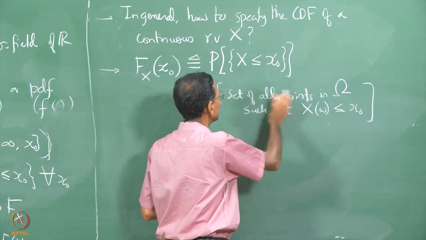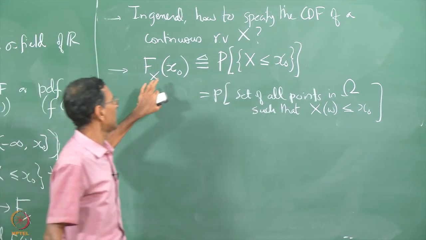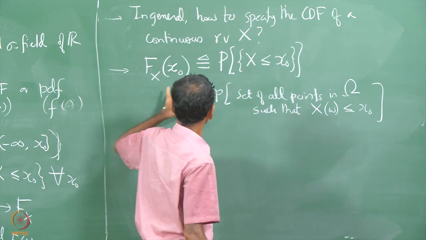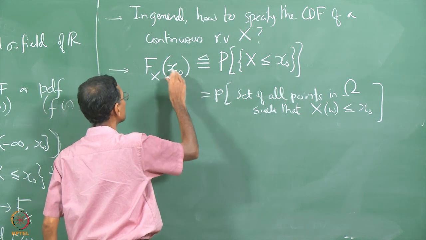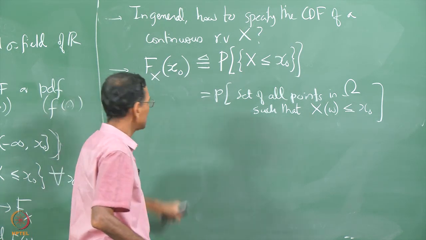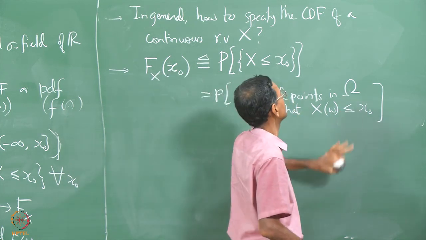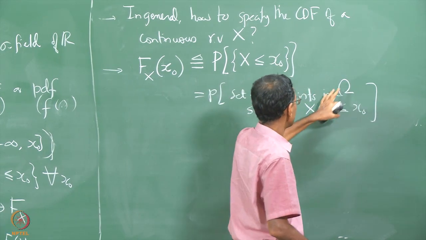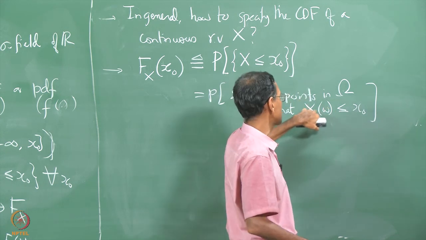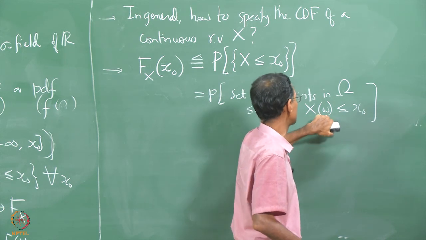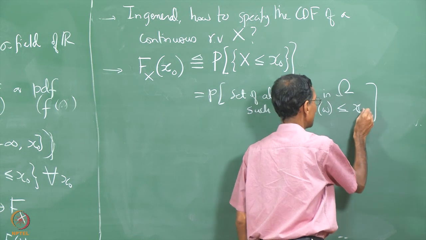We can say, okay, we will keep this as an operational definition of the CDF of X. So, essentially we are saying that the CDF of the random variable X, for any real number x naught, is the probability of the set of all points in the space such that the measurement capital X, which is a real measurement on the sample point omega, is no bigger than the number we have selected, namely x naught.